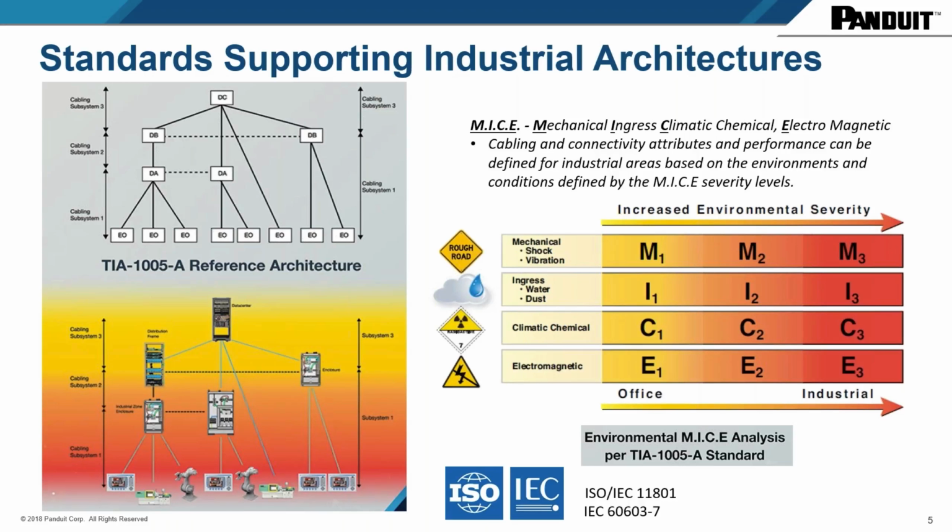When you look at a mechanical element in this MICE specification, you are concerned with vibration, shocks, and flexing. So the edge devices and factory systems are exposed to extreme conditions, and it is not always the case.